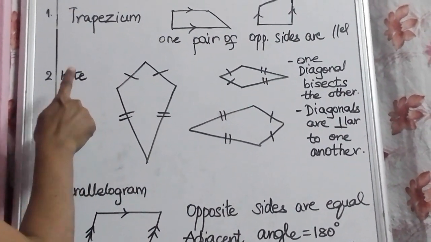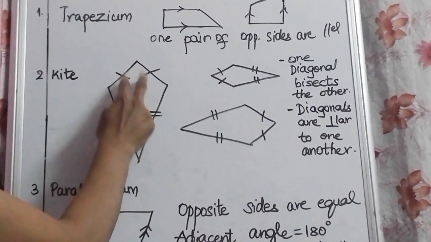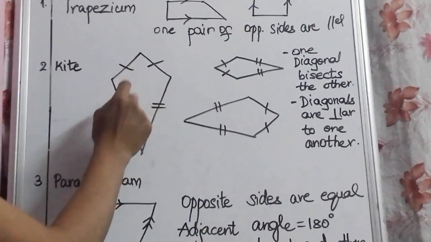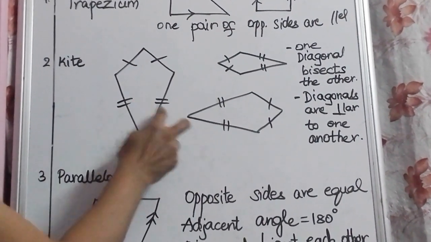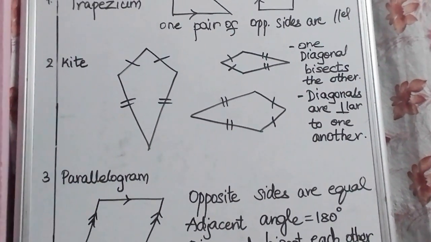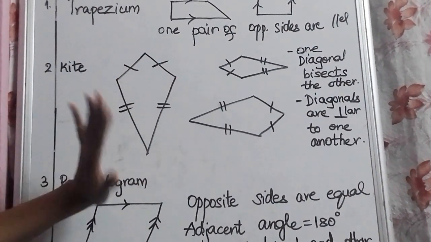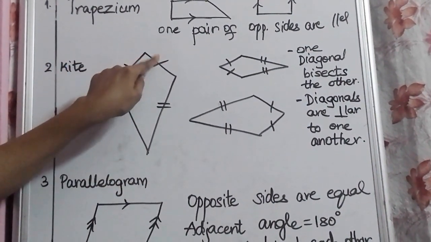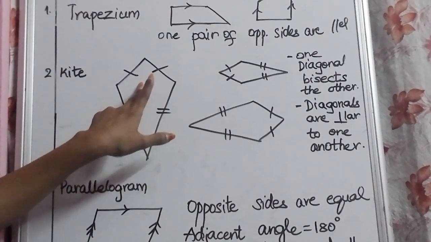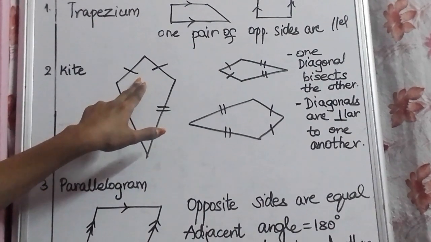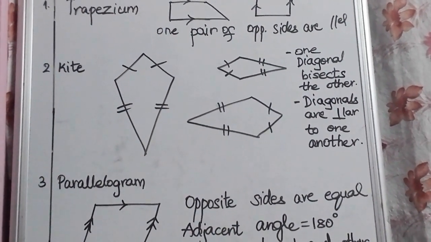Now moving on to the second one, which is a kite. For a kite, you can see that a pair of sides are equal: these two are equal and these two are equal. All the sides are not equal. The property here is that one diagonal bisects the other. What is a diagonal?